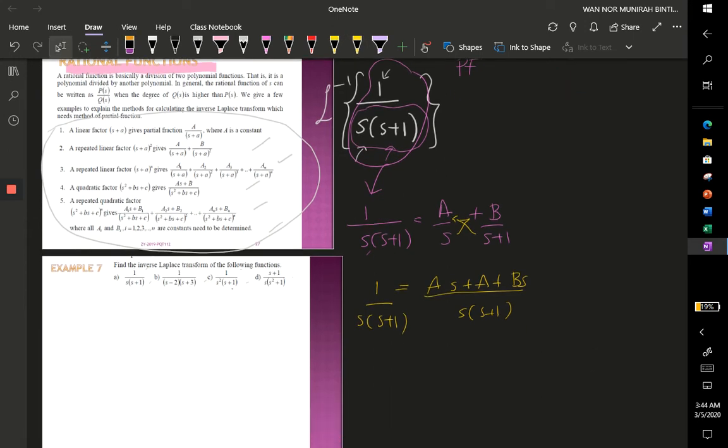So we don't need to compare the denominators because you have the same thing there. What we compare is this: 1 equals As plus A plus Bs.